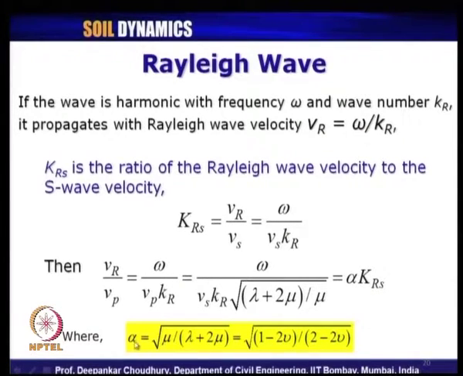So, what is alpha? Alpha is nothing but root over mu by lambda plus 2 mu, where these two are Lame's constants. If we put their expressions for our known Poisson's ratio expression and other shear modulus expression, the simplified form we will get is 1 minus 2 mu by 2 minus 2 mu.